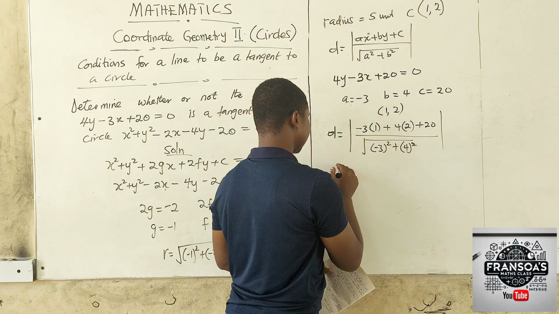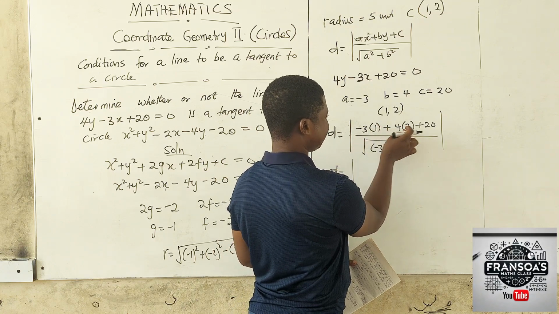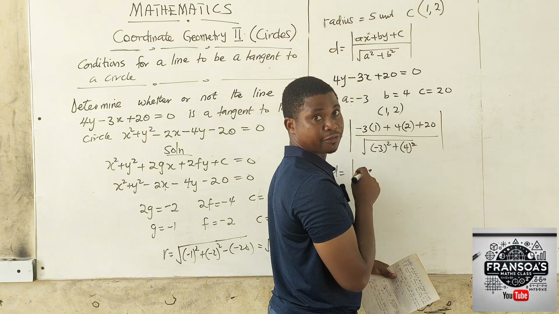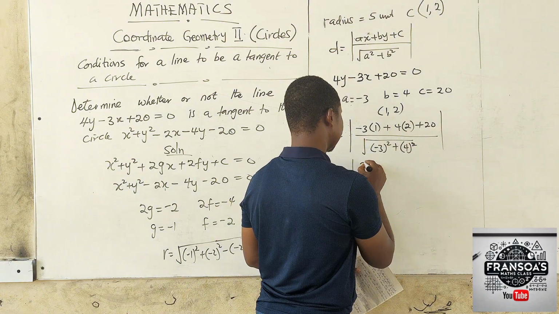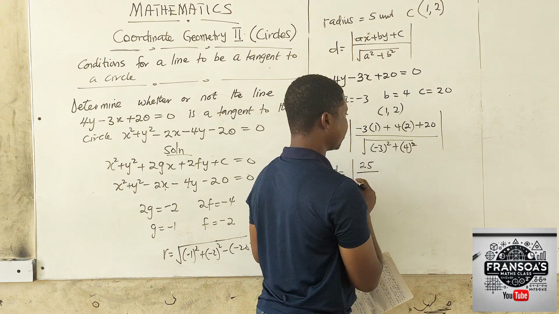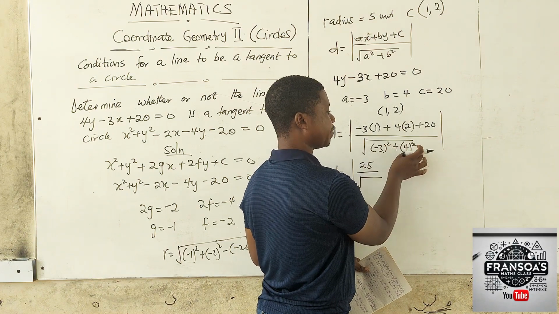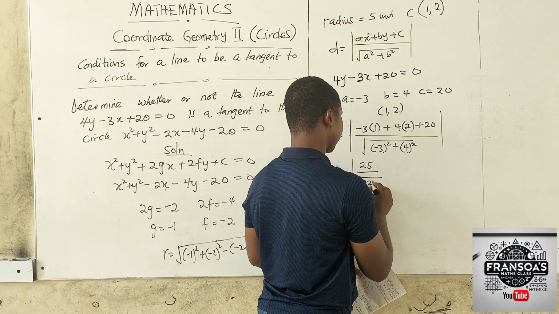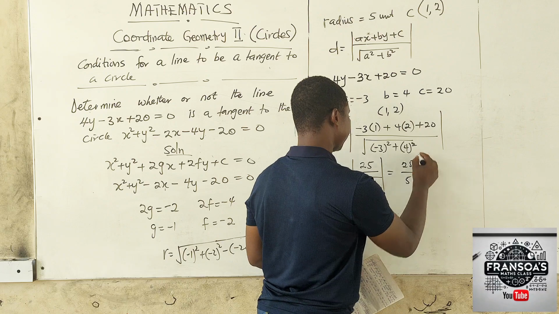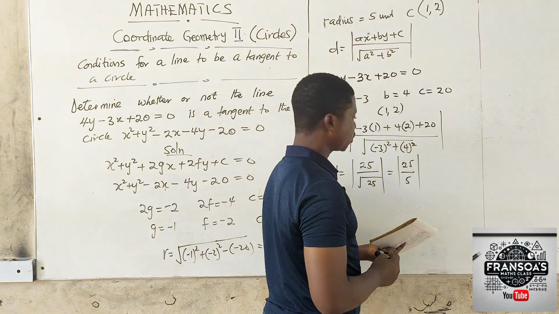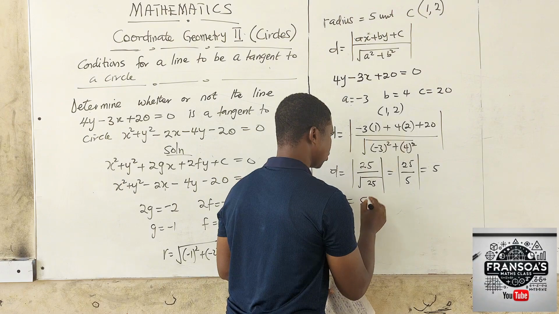So with this, we are going to have negative 3 plus 8, and that gives us 5. 5 plus 20, that's 25, all over the square root of 9 plus 16, that's 25. So this is giving us 25 over 5, and we still have the absolute value. So this will give us 5. So our perpendicular distance d is also 5.